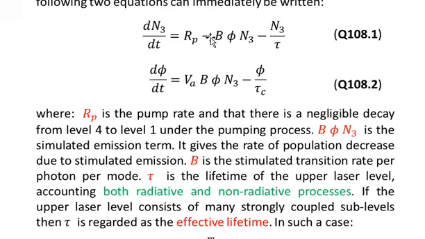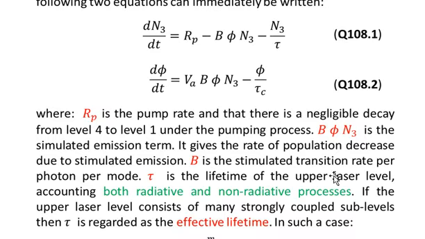You see that there is a negative sign in equation number 1 with this term, which means that this term would try to decrease the population present in level number 3. So B phi times N3 is the stimulated emission term, giving the rate of population decrease due to stimulated emission.